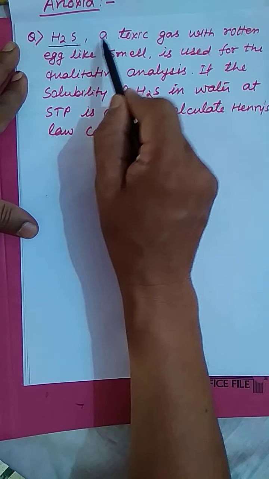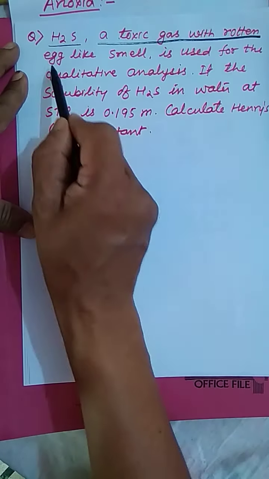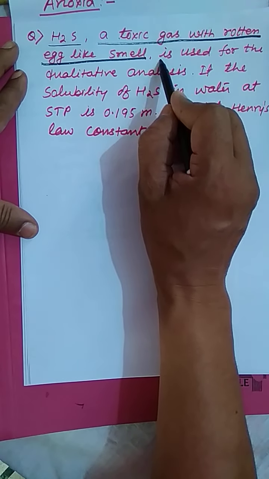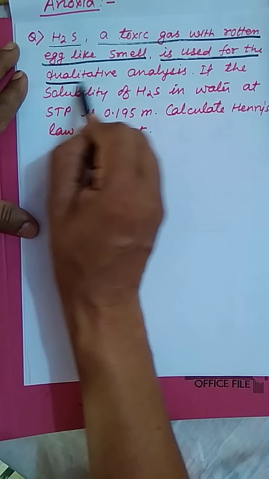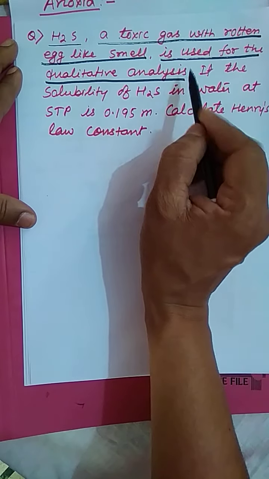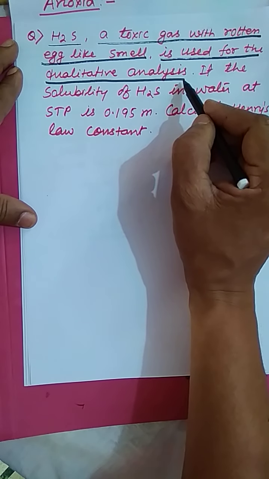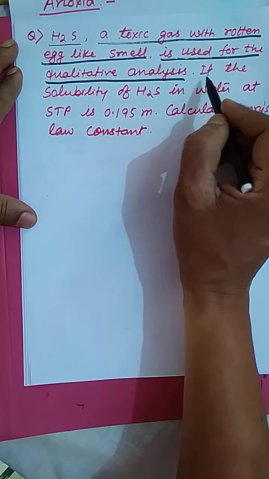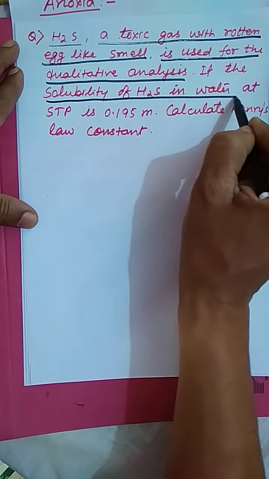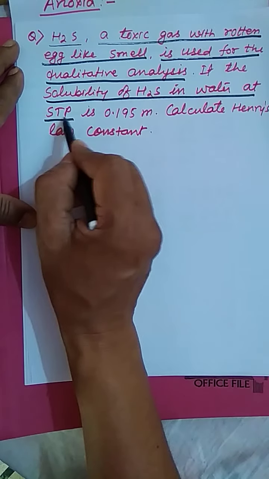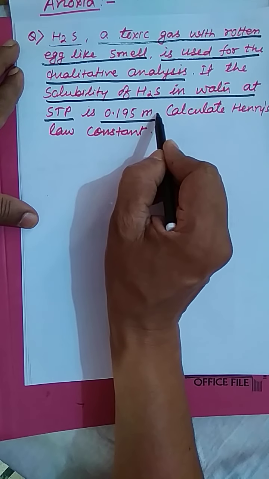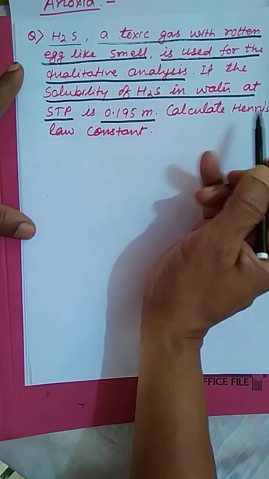H2S is a toxic gas with a rotten egg like smell, and is used for the qualitative analysis we do in the laboratory, the test for sulfide. If the solubility of H2S in water at STP, standard temperature and pressure, is 0.195 m. A small m means molality.